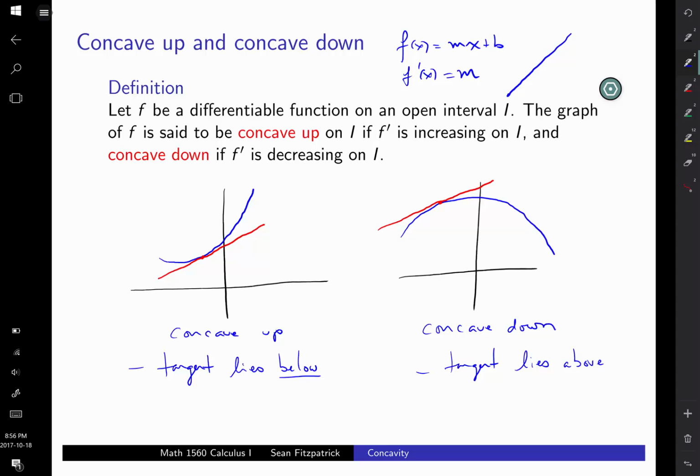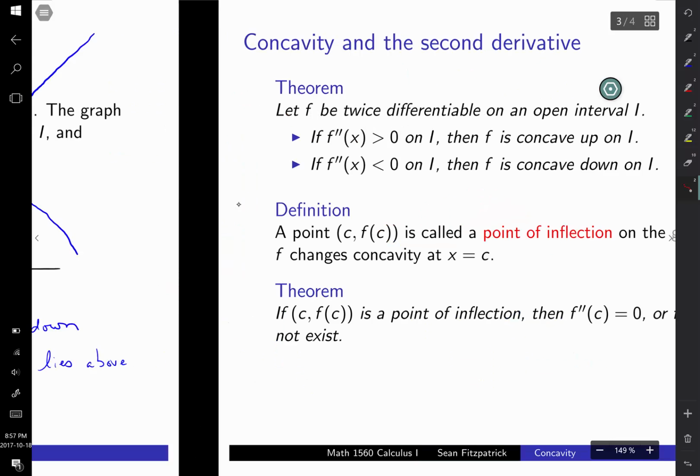If the derivative is increasing, that means the slope is getting bigger, and that means you're going to curve away and up from the line. So if the slope gets bigger, you head up this way. If the slope gets smaller, well, then you're going to head down that way. So this is the other way of thinking about concavity, in terms of where the tangent line is relative to the graph.